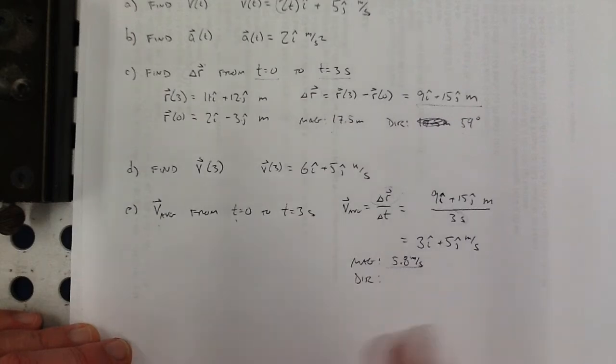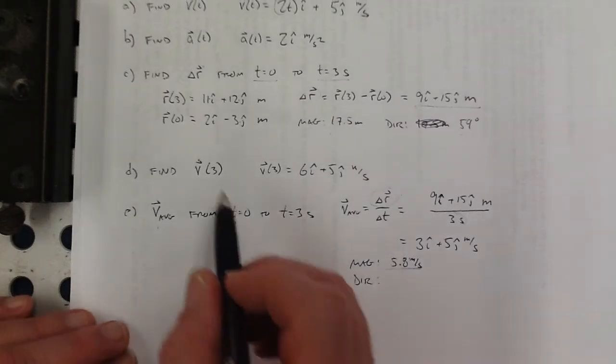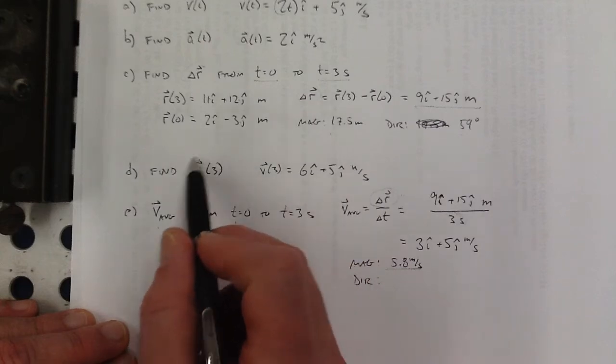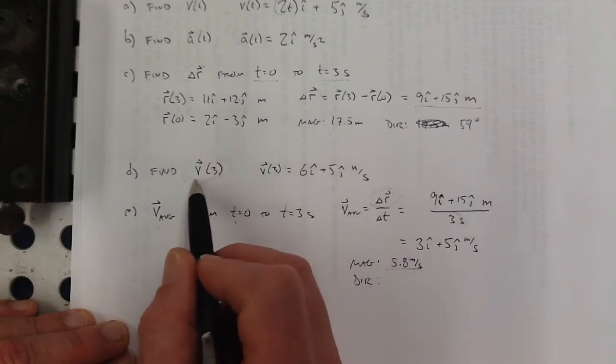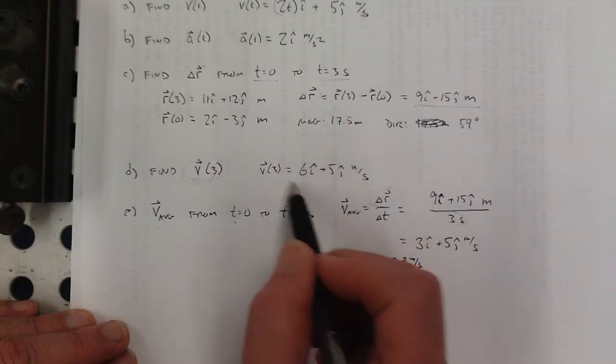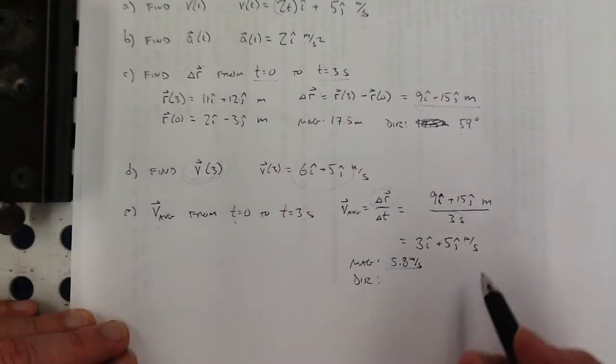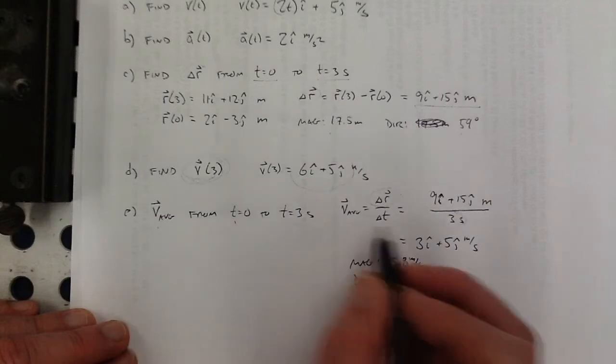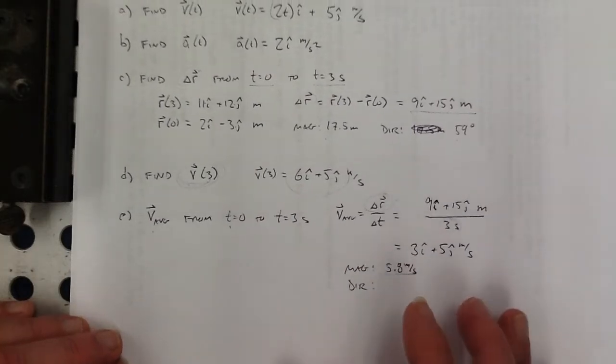Here, no, that's not true. Sorry, scratch that. That would be true here. The magnitude of the instantaneous velocity, which would be the instantaneous speed, would be the magnitude of this. I'll explain why it's not the same here in just a second.